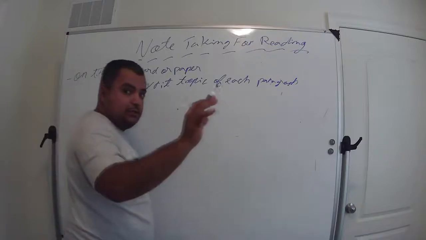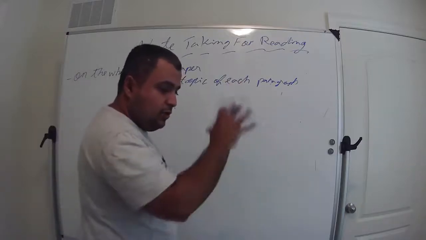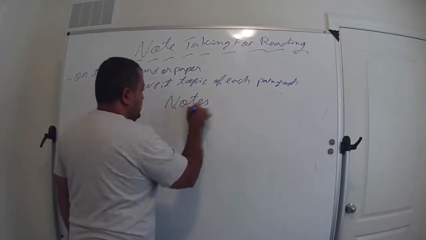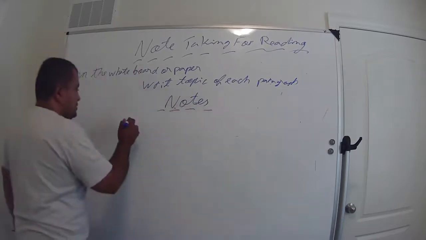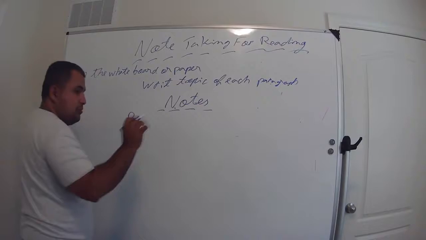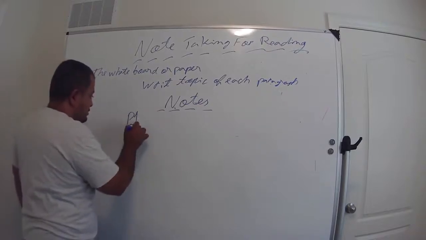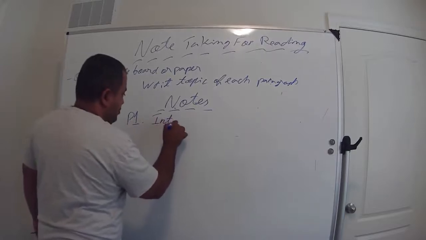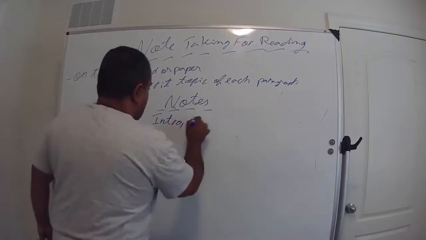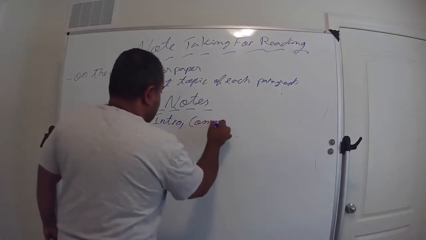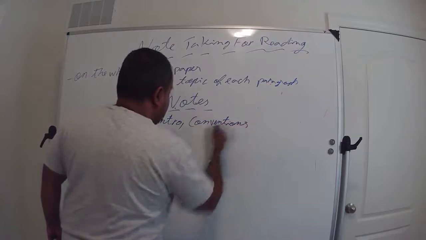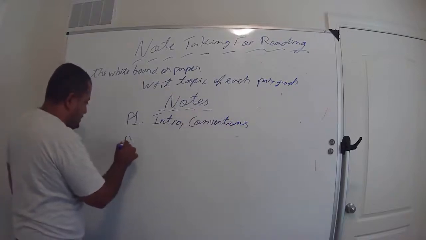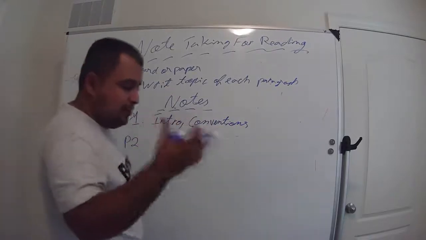The notes would be like this. Just imagine it's on a paper that you're writing, or on the small whiteboard that you have. So we'll say notes. It could say paragraph 1. I'm just going to write it with P, and then paragraph 1. As an example, it would be the intro of the reading, conventions. That's the first paragraph. The second paragraph depends on the topic of the reading.